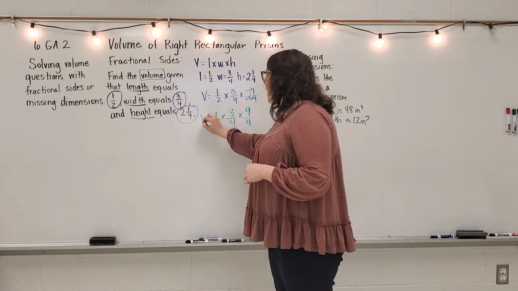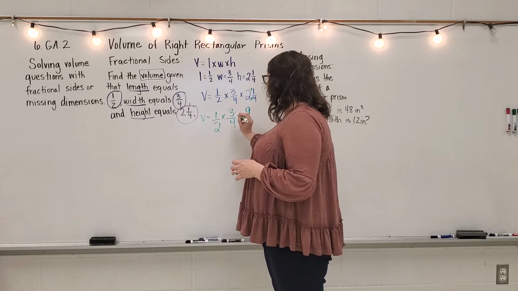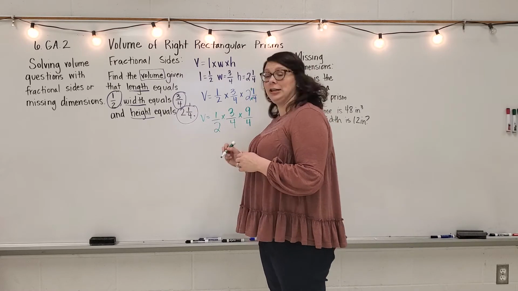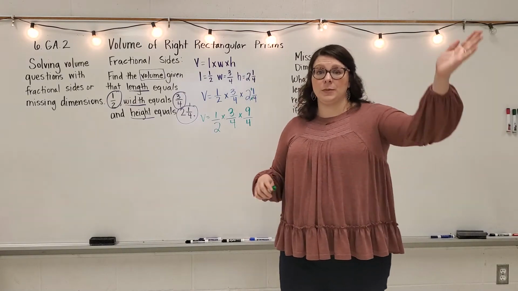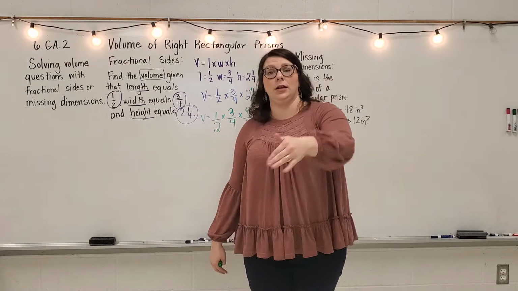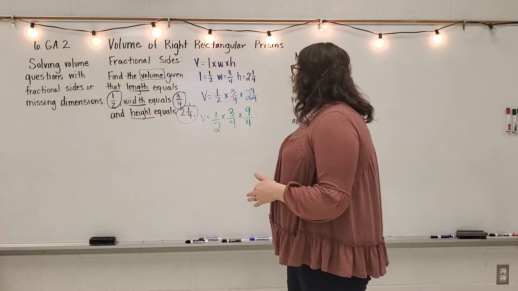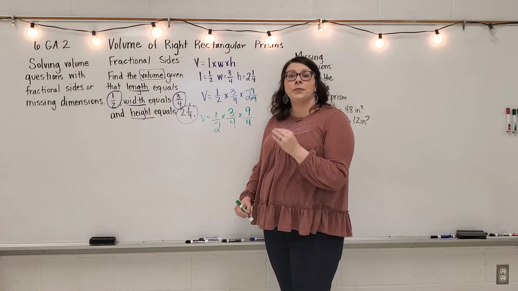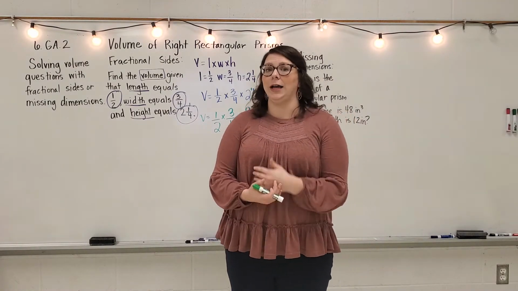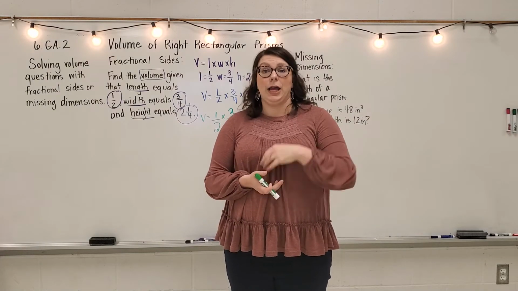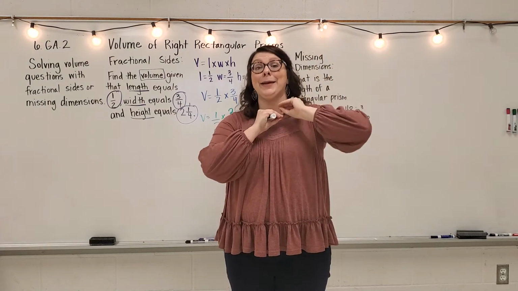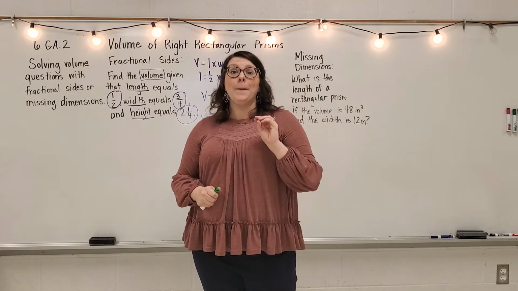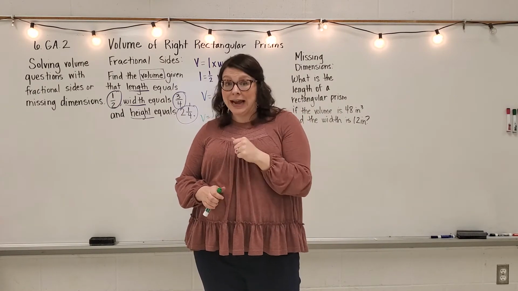So now I've got all of my fractions here, and I can multiply numerator times numerator, denominator times denominator. Another thing to point out is you can always simplify if a numerator and a denominator can both be divided by the same factor.